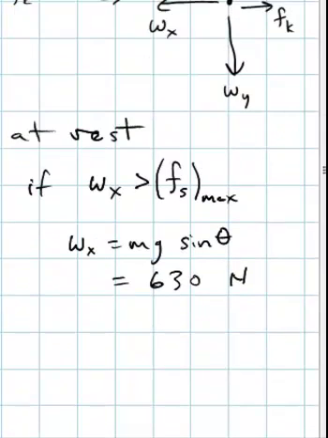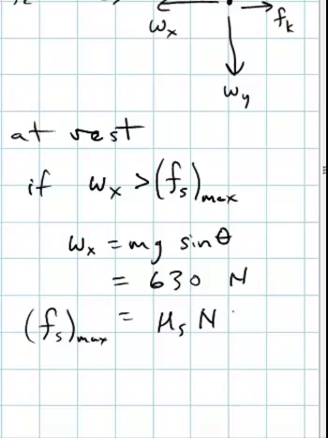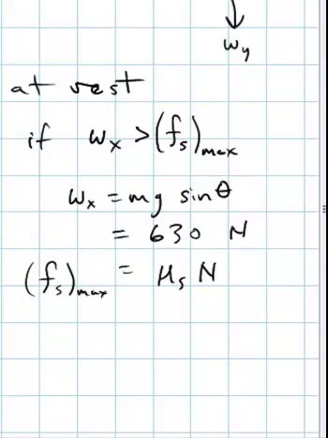And let's take a look now at the maximum static friction force. That's going to be the static friction coefficient times the normal force. And the normal force is the weight in the y direction, which is mg cosine theta.